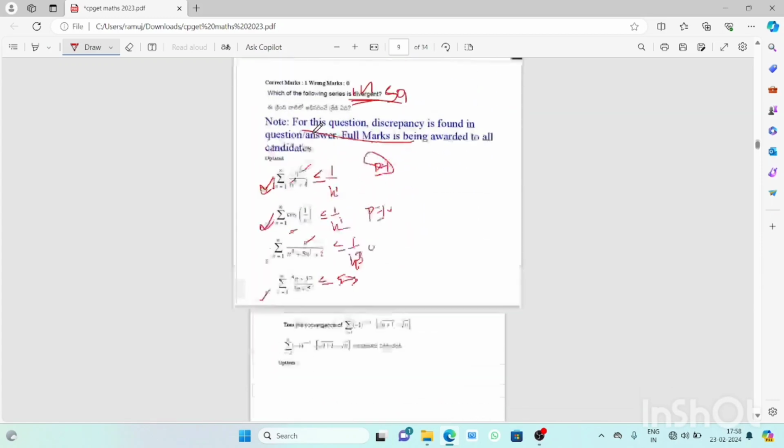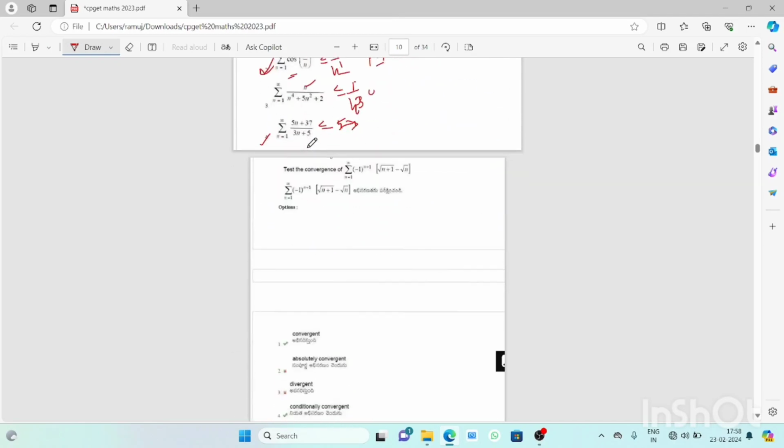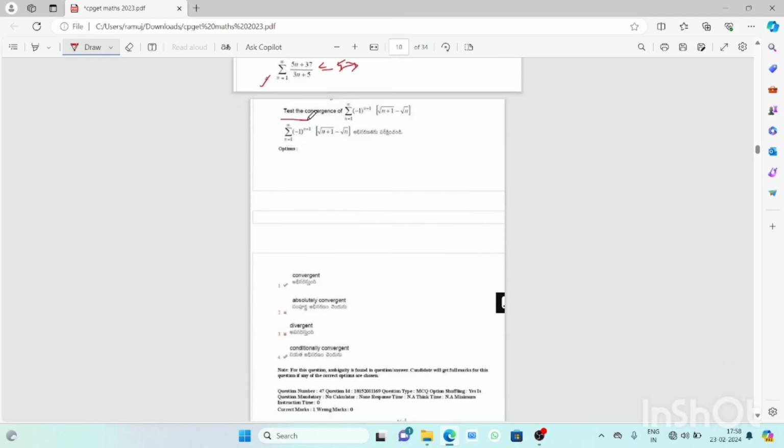Question 46 asks us to test the convergence of the given series. Whenever these types of questions come, I will tell you one trick.